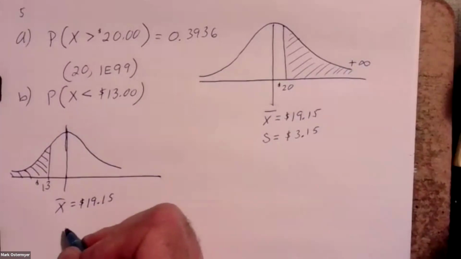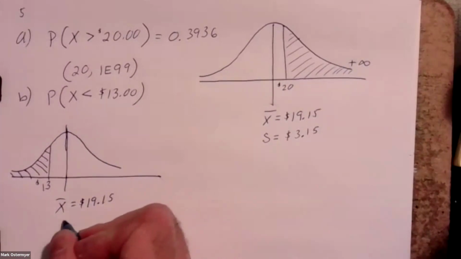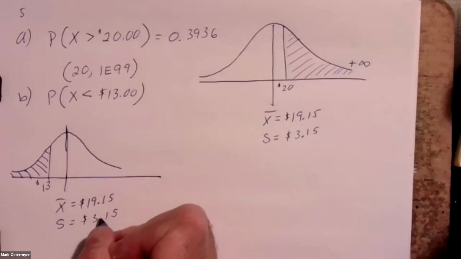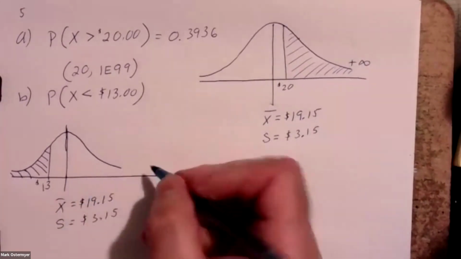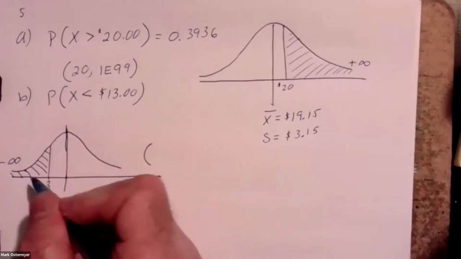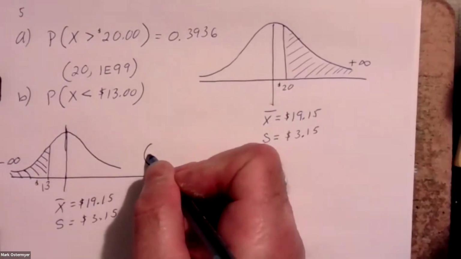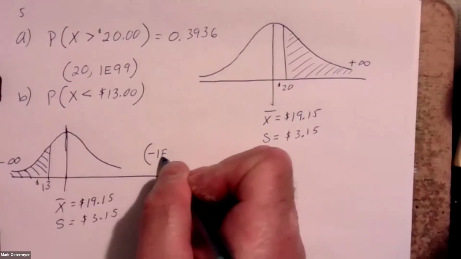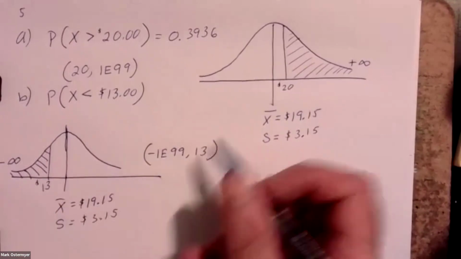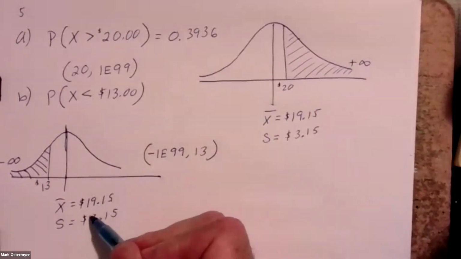So again, we take to our normal calculator mean of $19.15, a standard deviation of $3.15. And our lower bound of this interval is negative infinity, which is going to be negative 1E99. The upper bound is $13. The mean and standard deviation are these values right here.